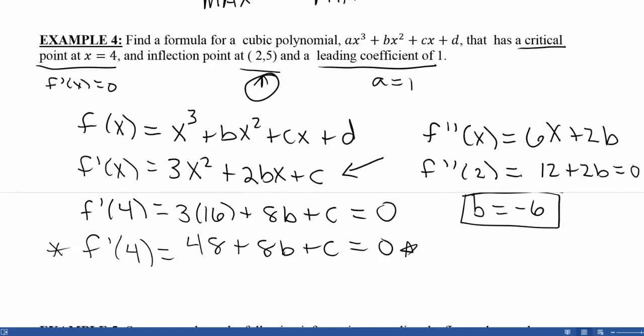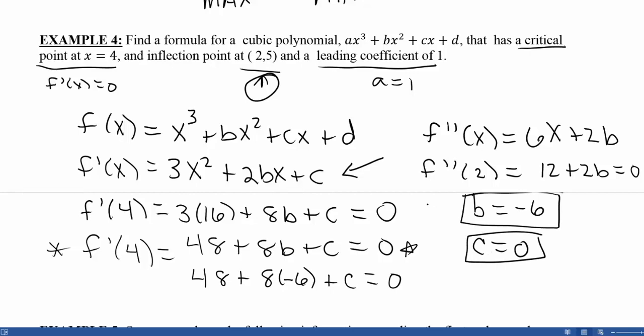I was stuck because I had two unknowns, but now I know one of those unknowns, and so I can substitute that in. So if I substitute in that b equals negative 6, I get 48 plus negative 48 plus c equals 0. Well, that means I have c equals 0. So now I have another one of my unknowns.